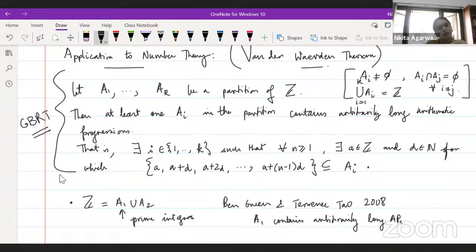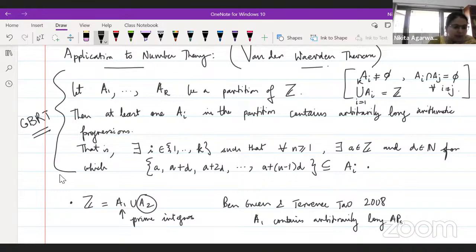Okay. Again, I'm going to give a reference which has a proof of this theorem, which you can understand if you have taken a course in analysis. That's enough. And remember that this result does not arise from van der Waerden's theorem, right? Because A2 already has this property that is the consequence of van der Waerden's theorem. So proving that A1 has arbitrarily long APs, this theorem is not helpful. But nevertheless, this theorem was proved using techniques from ergodic theory.